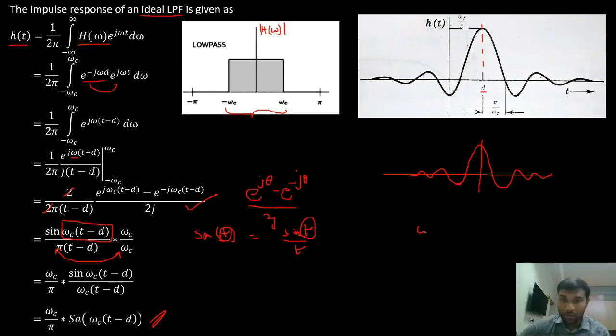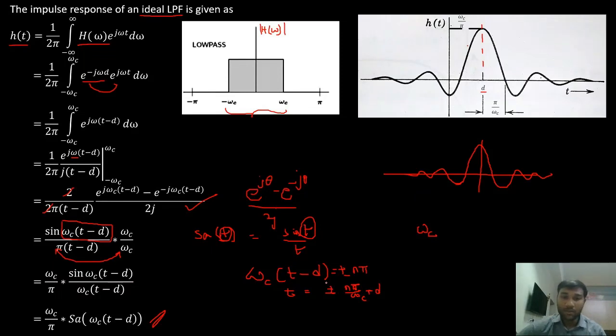We have omega c into t minus d equal to plus or minus n pi. Now t is equal to plus or minus n pi by omega c, plus d.